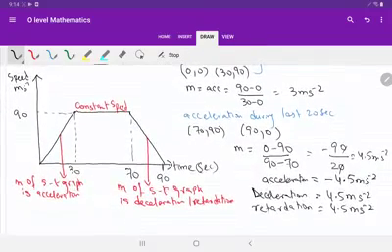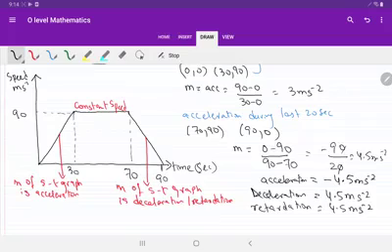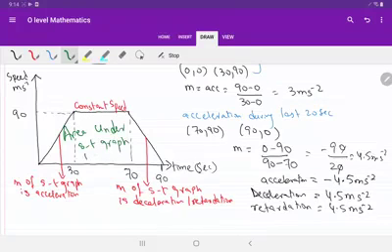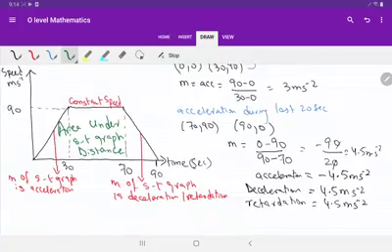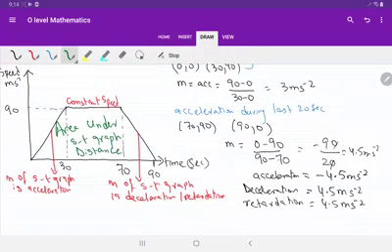It is also important to keep in mind that the area under speed time graph represents distance. So if we are told to find the total distance traveled by the particle, then it will be the area under the curve.